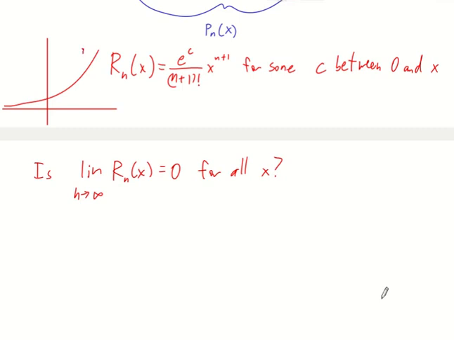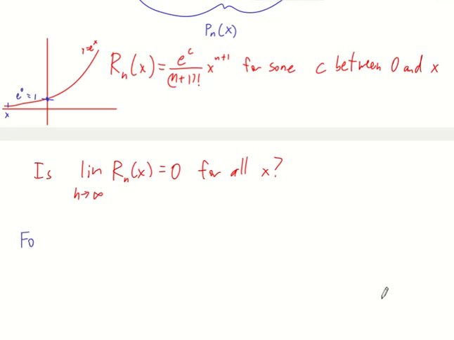We know that e to the x is an increasing function, so if x is over here somewhere, then any value of c is going to be between x and 0, and e to the c is at most e to the 0, or 1. So the maximum value that gets attained on that interval is 1. So let's just say that it's less than that.